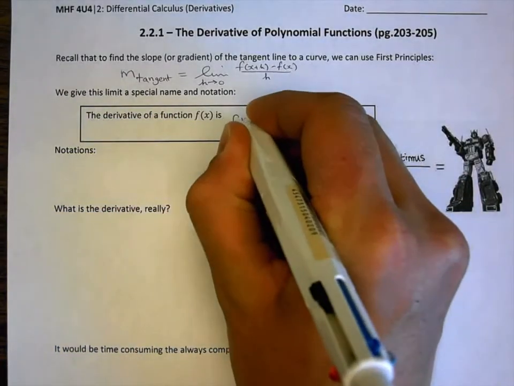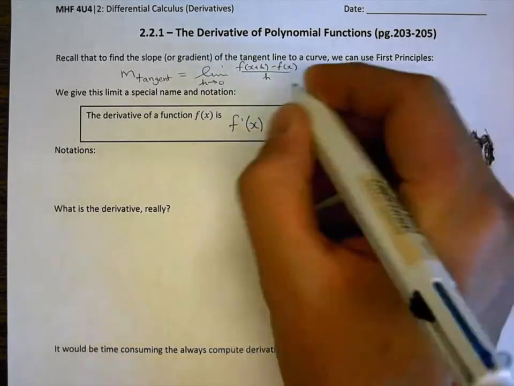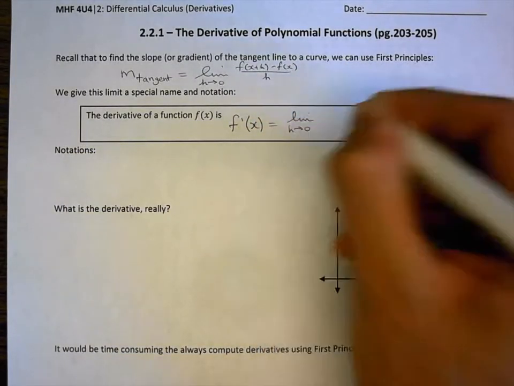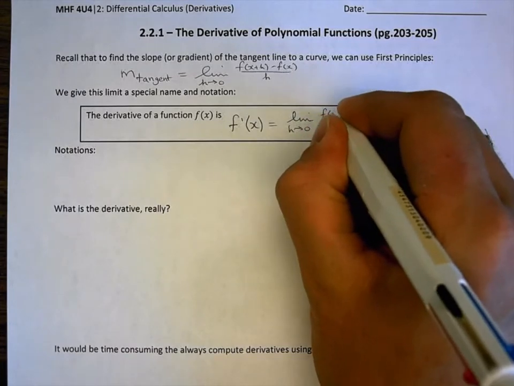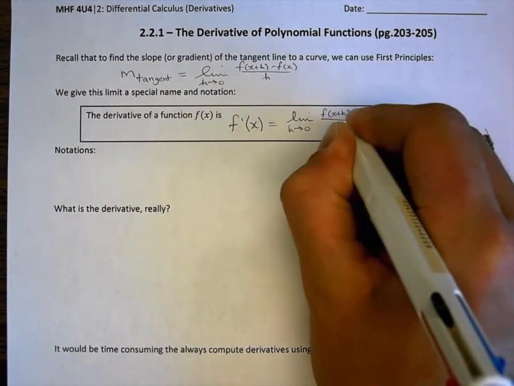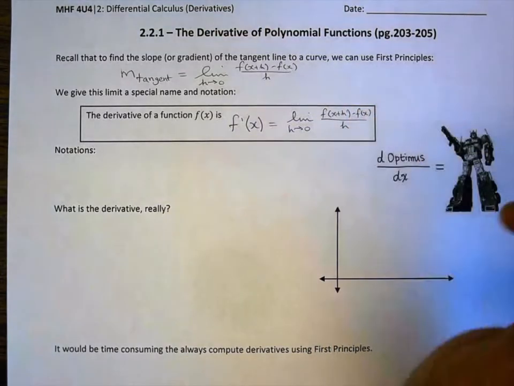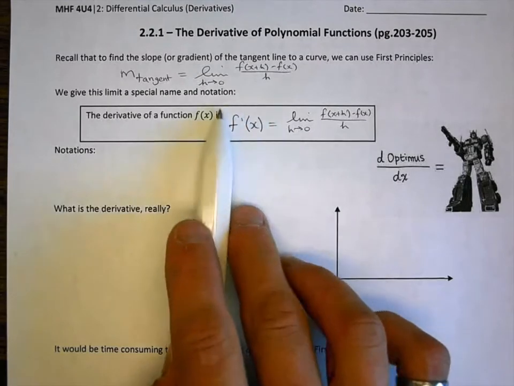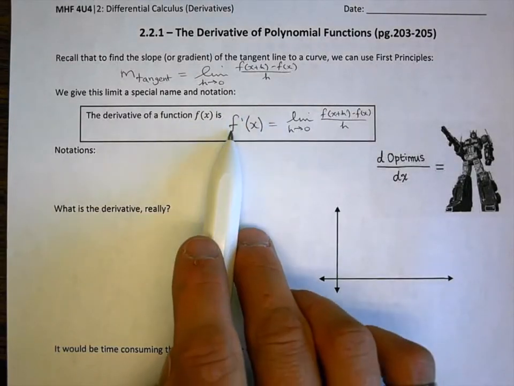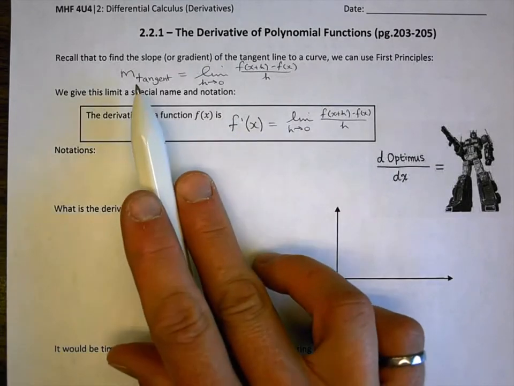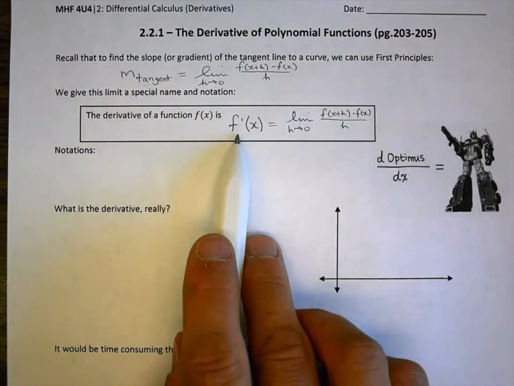We write it as f prime at x is equal to the limit as h approaches 0 of f at x plus h minus f at x, over h. So when I say derivative with this notation, f prime at x, I really am saying slope of the tangent. This is just the big kid way of saying it.